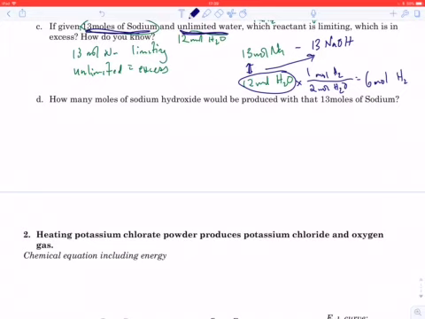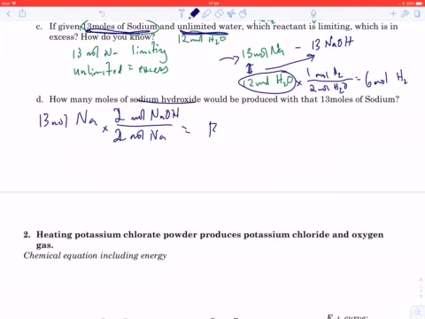Okay, moving on. Say I have those 13 moles of sodium. How many moles of sodium hydroxide would I be able to produce? This is what I was just talking about up above. For every mole of sodium, I can create 1 mole of sodium hydroxide. So I'll write out the math because you should. Technically, it's 2 and 2, sorry.